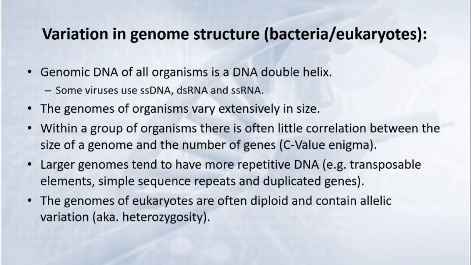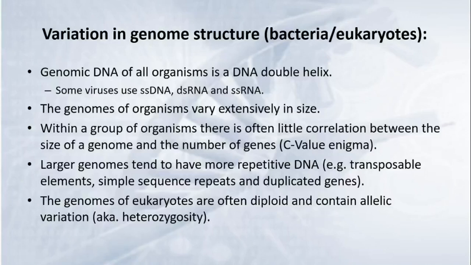The larger genomes do tend to have a lot more copies of particular sequences like transposable elements or simple sequence repeats and genes that are duplicated. So for the very large genomes, it's not necessarily that they have a larger number of unique genes.